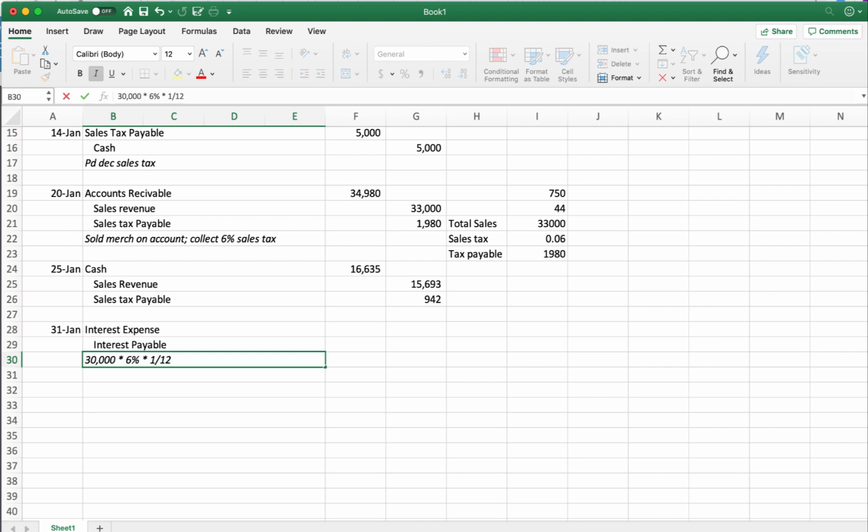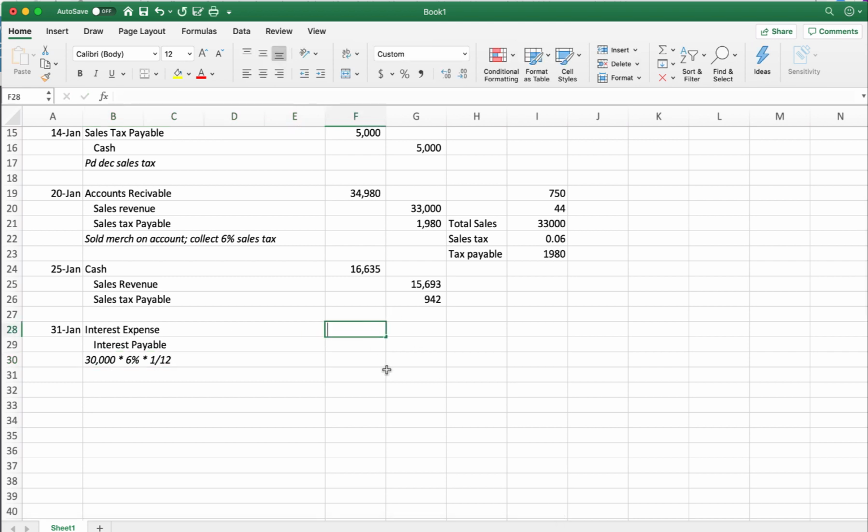That's the calculation. So to make it even easier, I'm going to plug this into Excel. 30,000 times 0.06 times 1/12 gives me 150 bucks. And that's the amount of the debit and the credit for the interest expense that we accrued, okay?